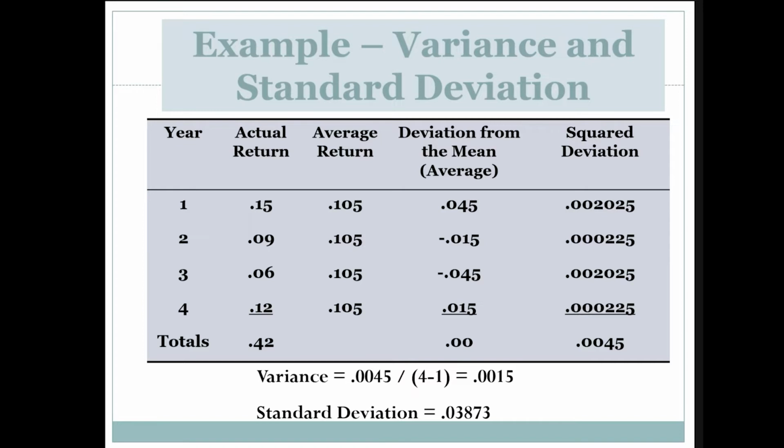That gives us the variance, so 0.0015. Now, we don't interpret the variance because it's not easily interpretable for us. But if we take the square root of the variance, we get the standard deviation, and the standard deviation is in percentage terms. So these two things help us characterize a stock.